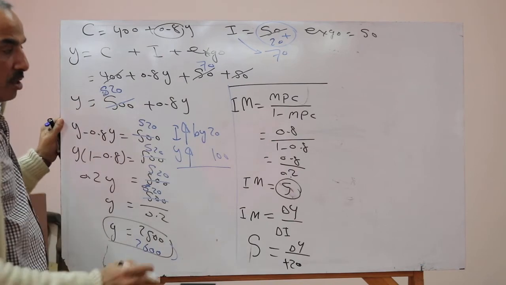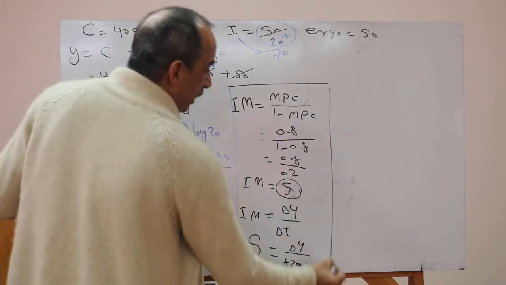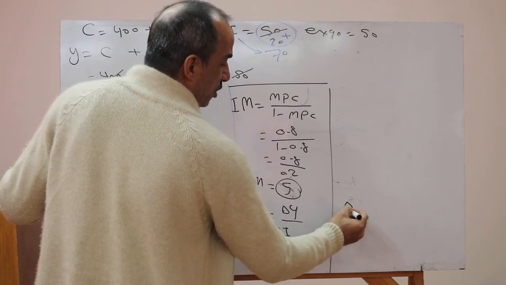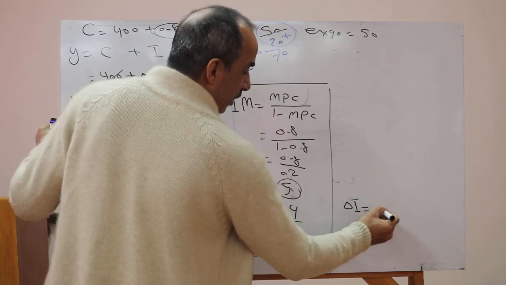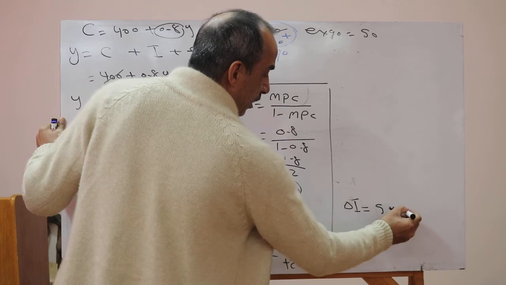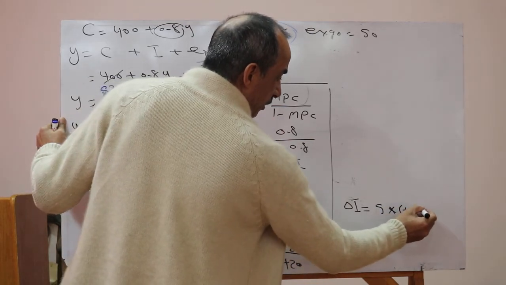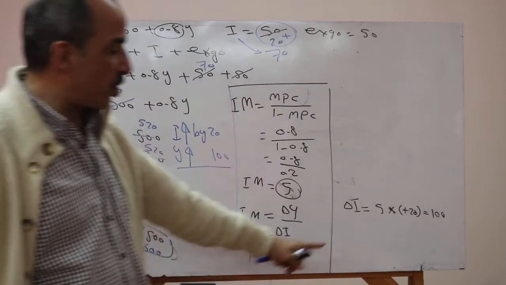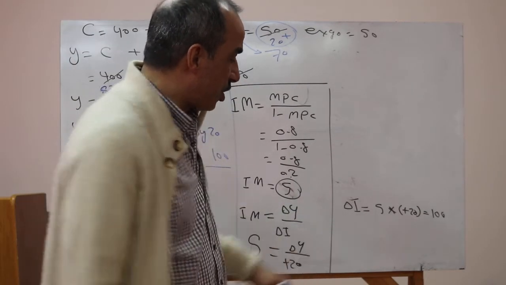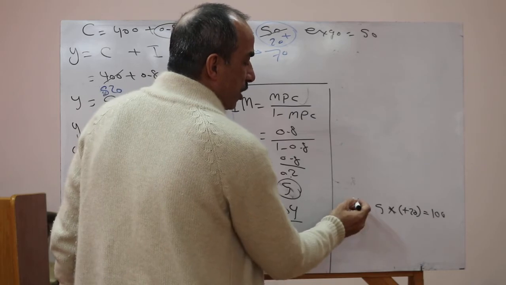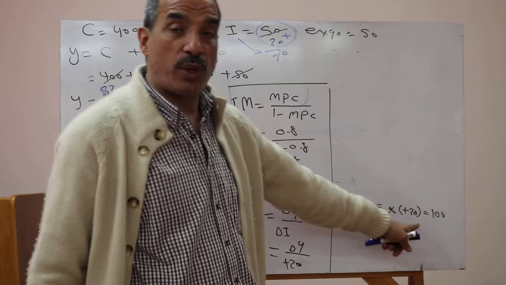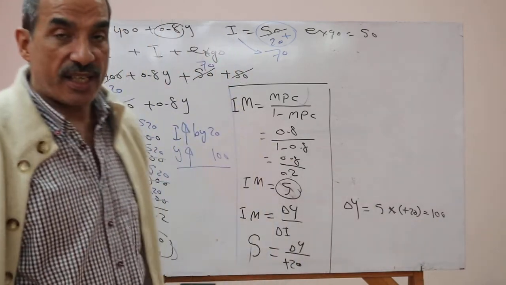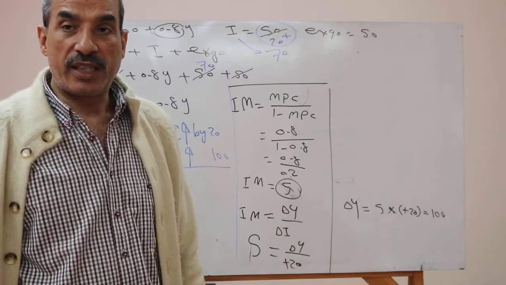Cross multiplying, change in income equal 5 times positive 20 equal positive 100. When we change the investment by 200, the national income must increase by 1000.